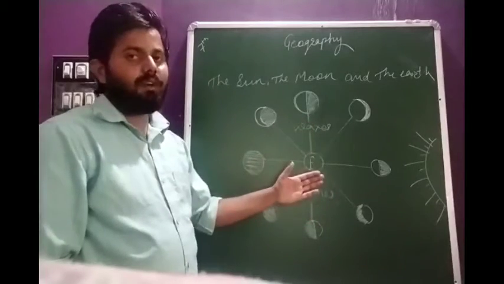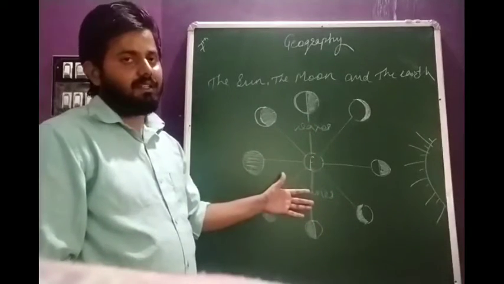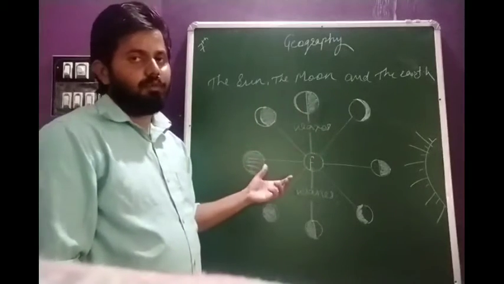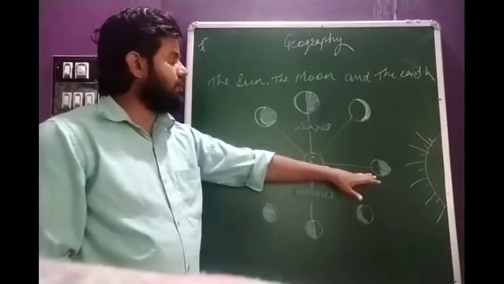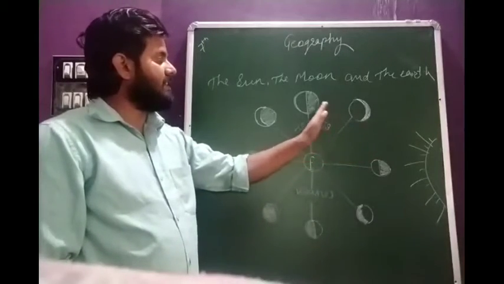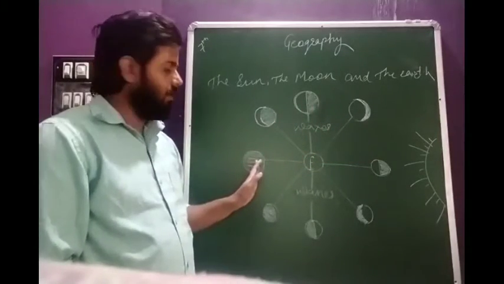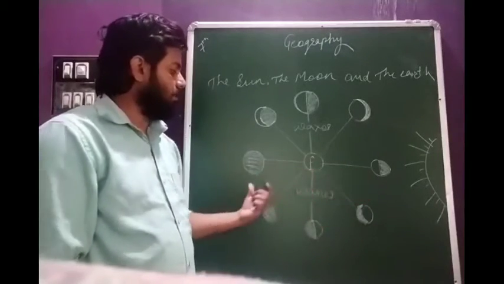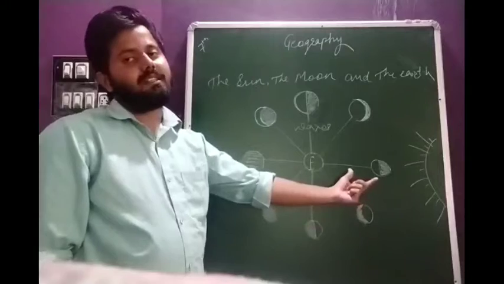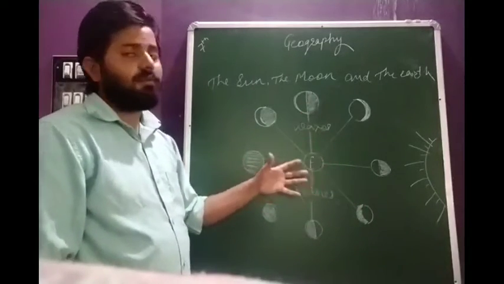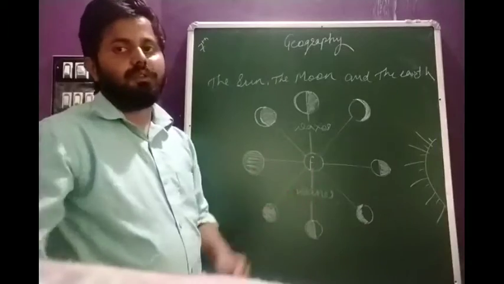So that is the difference between waning and waxing. These are the 8 positions of the Moon. From the new moon to the full moon, the size of the Moon increases slowly, and again from the full moon to the new moon night, the size of the Moon decreases slowly. So that's all about the positions of the Moon.